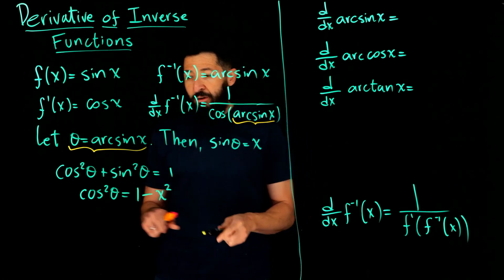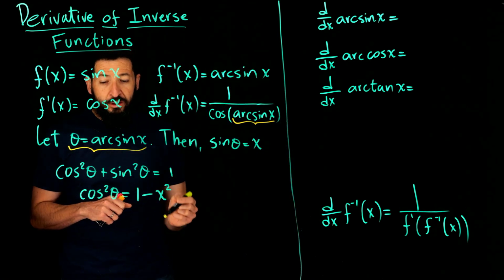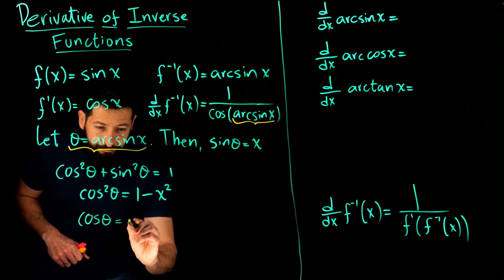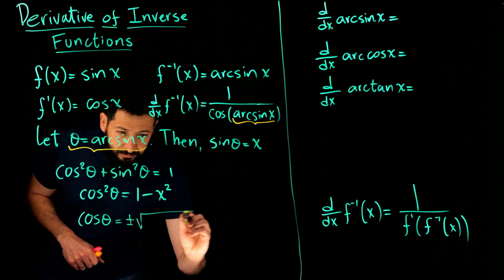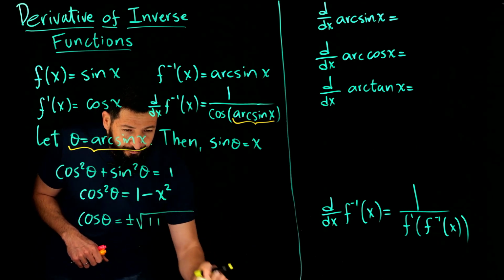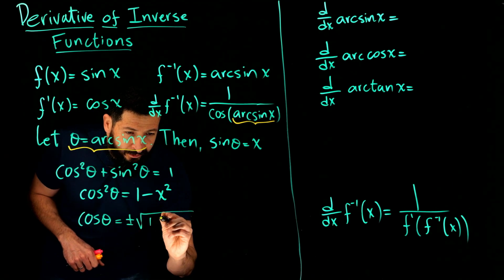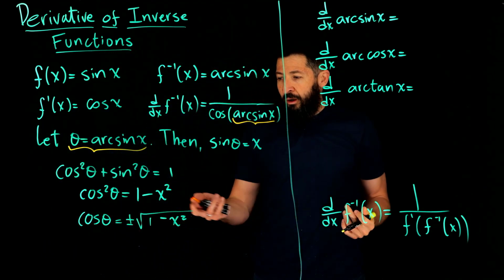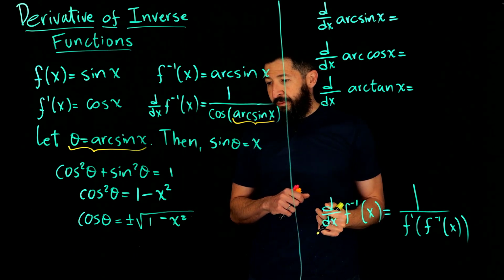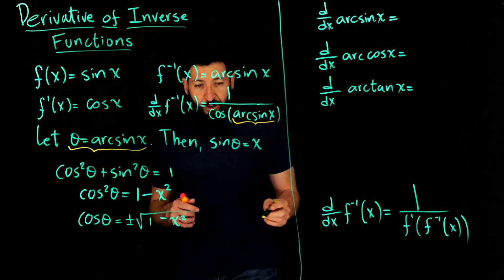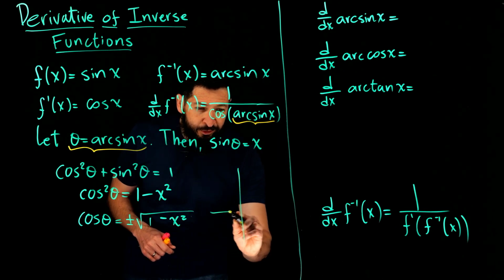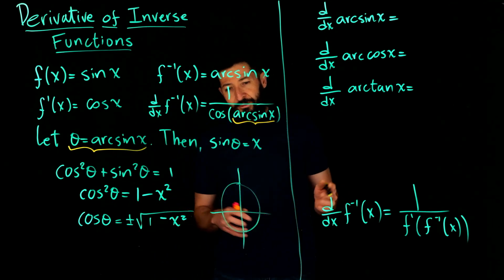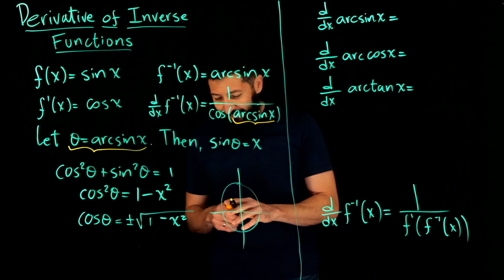Now remember, when you have this expression, cosine is going to be plus or minus the square root of 1 minus x squared. And now we have to decide what our sign is going to be. If you recall, I'm going to draw it here a little bit small, you have your unit circle, not quite a circle, but let's say it is a circle right now.